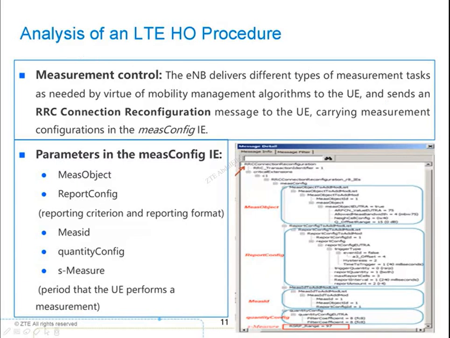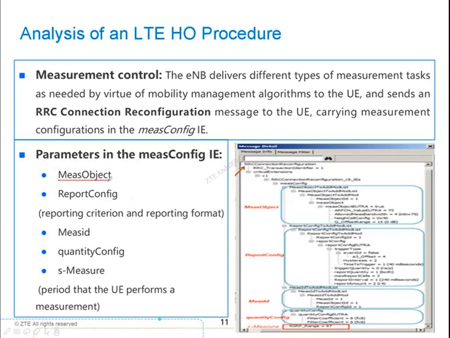First is measurement control, which we just mentioned before. In the measurement control, the eNodeB will send this message to the UE, telling the UE which information, which messages it needs to measure, and after measuring, how to report. Which parameters are in this IE? We can see the first is the measurement object.